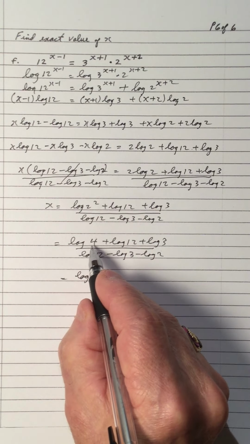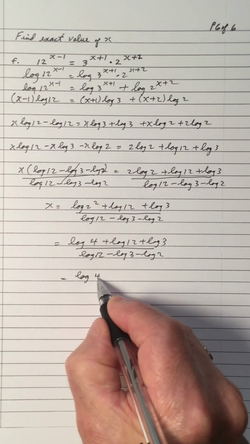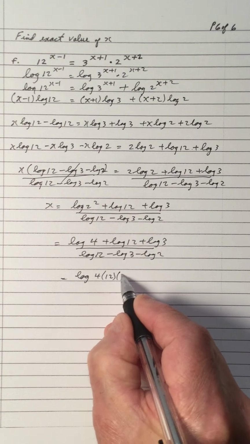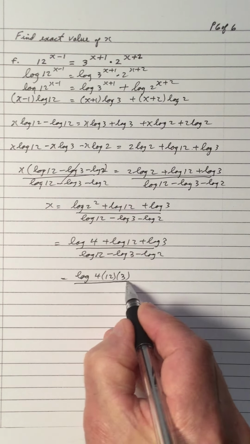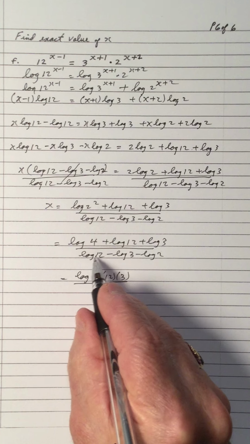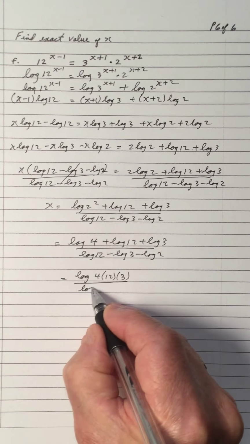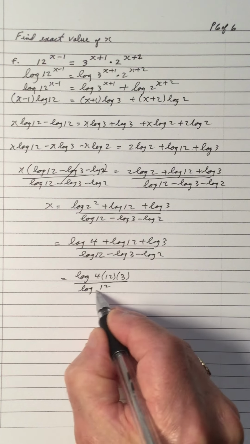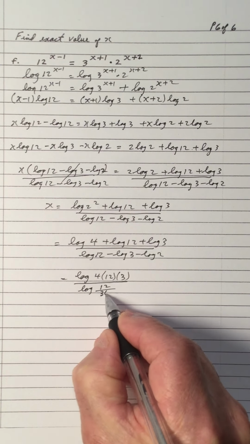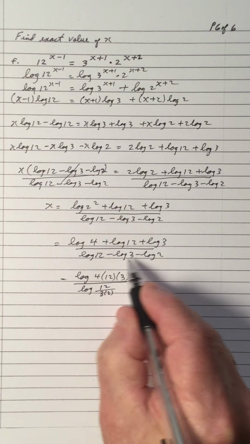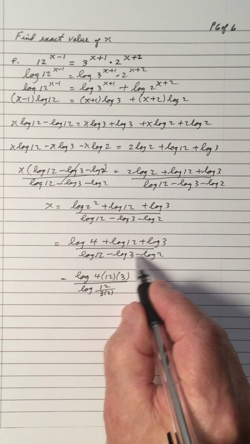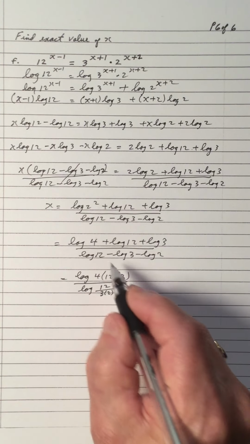notice here, we have the sum of the logs, so that's 4 times the 12 times the 3. And this is a subtraction, so it's a division, and that's a subtraction, a division, so that's the log of 12 divided by 3 times 2, because 2 of these are subtractions, so both 3 and 2 are dividing into 12.